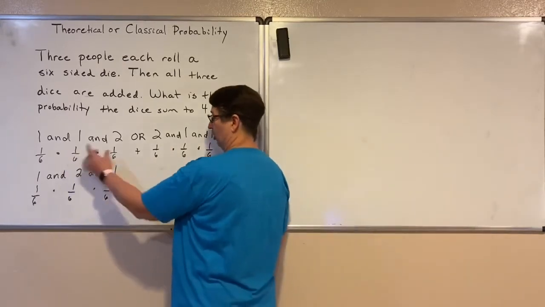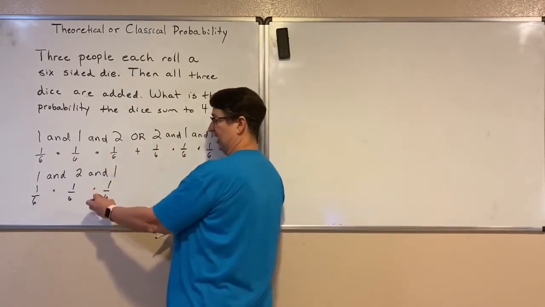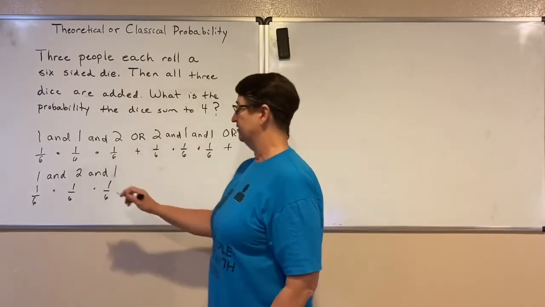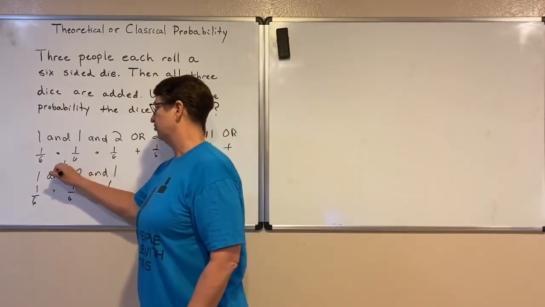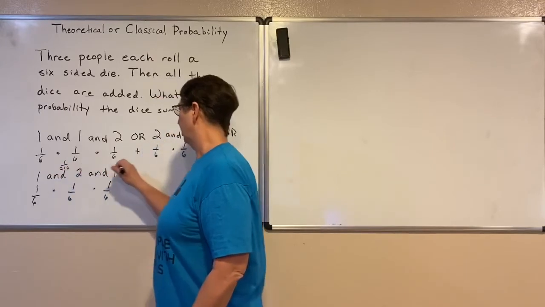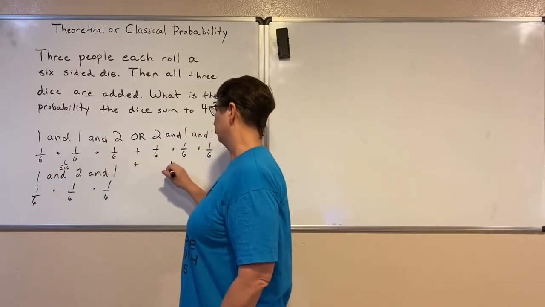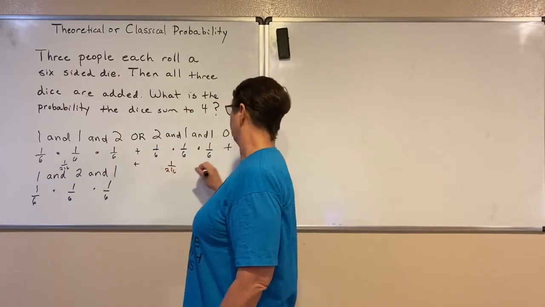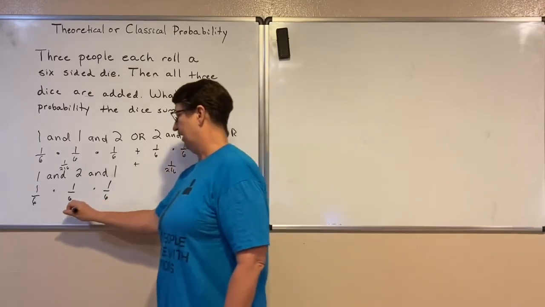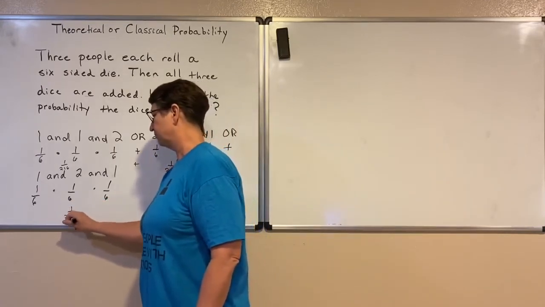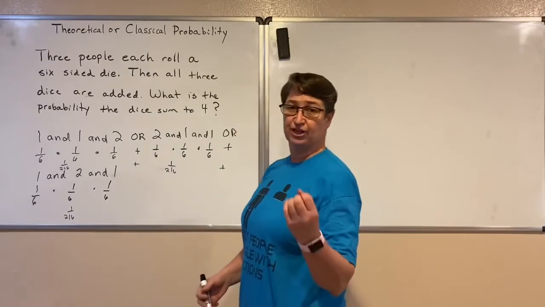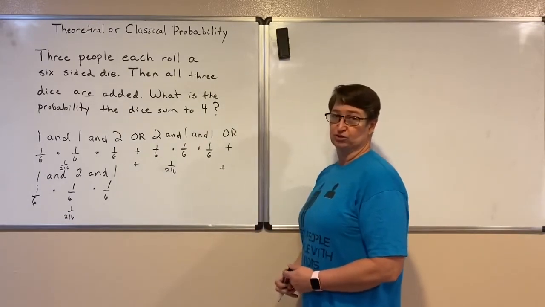So notice that all three of these are the same. So we could say, well, this one's 1 out of 216, plus this one's 1 out of 216, plus this one's 1 out of 216, and then add them together to get 3 out of 216.